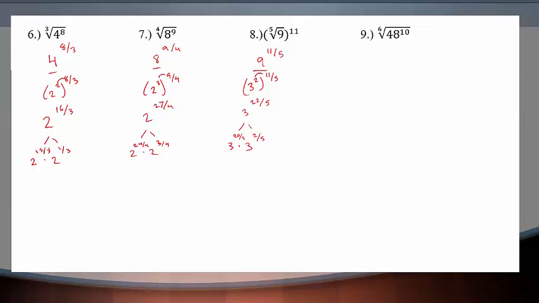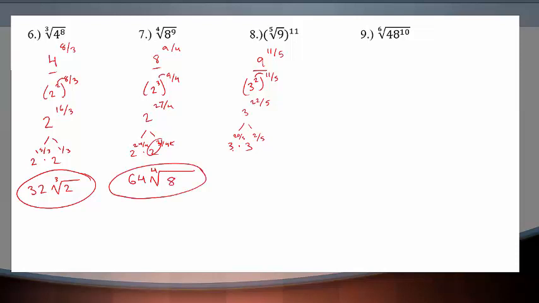So 2 to the 5th is going to be 32, and this is going to become the cubed root of 2. This would be 2 to the 6th, which is 64. And then we're going to have the quartic root of 2 cubed, which is 8. 3 to the 4th is 81.